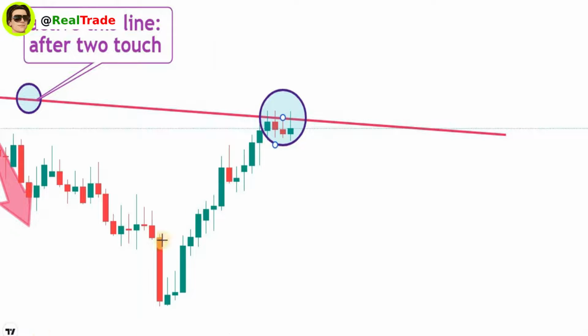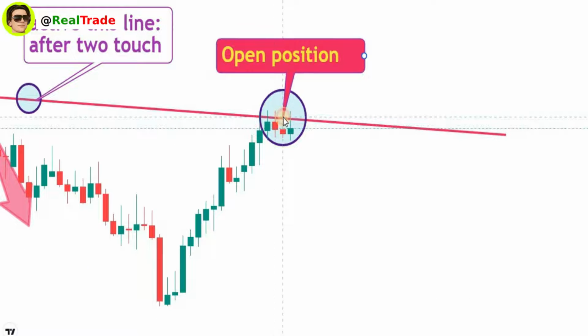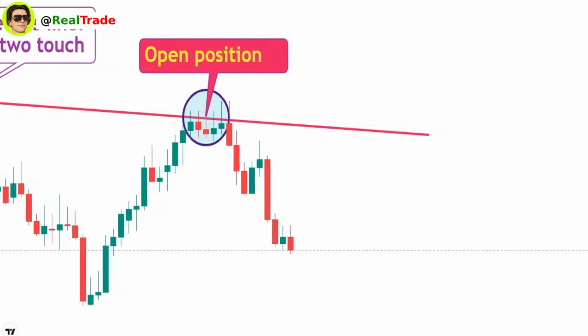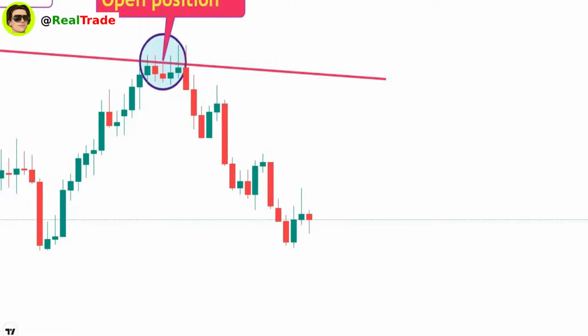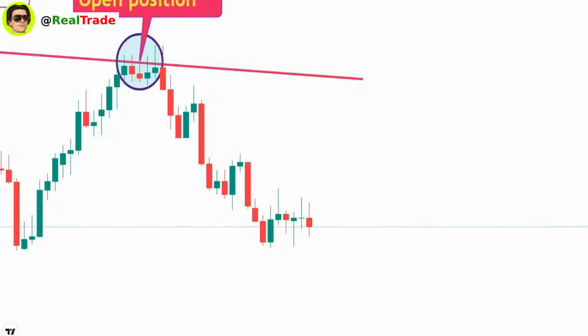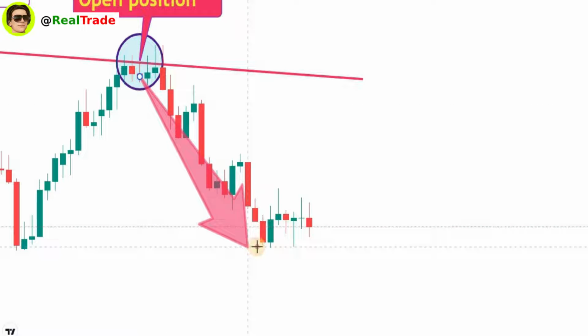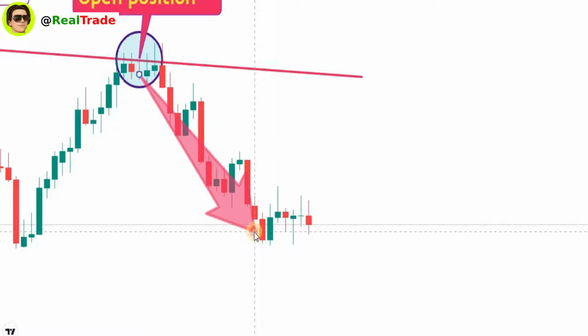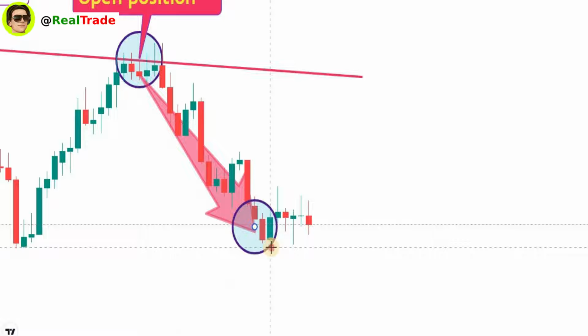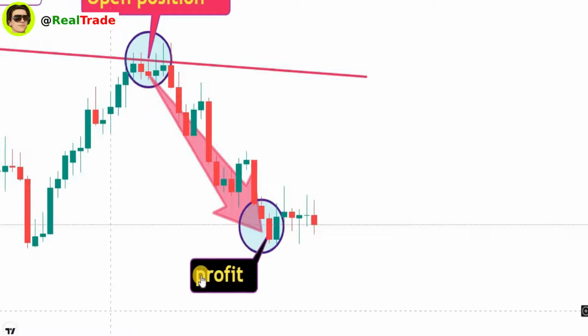I open a position. Yes, good position, very good. After the touch, I open a position and take a profit. Very good.